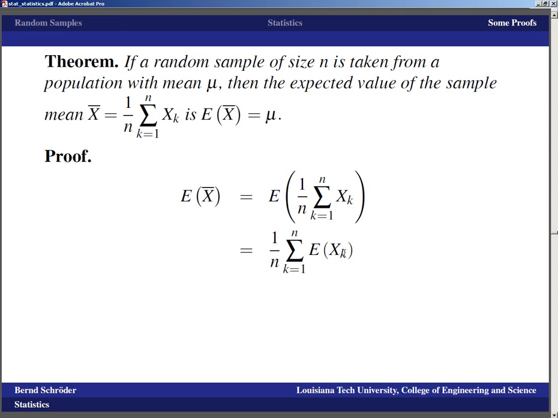But xk had the same distribution as x, which means E of xk is E of x. So I'm summing k equals 1 to n E of x, and so that's just n times E of x, and now 1 over n times n cancels, we end up with E of x, and E of x is mu.